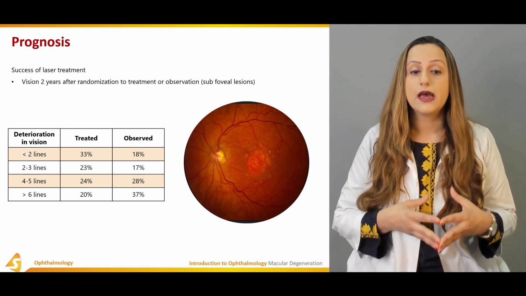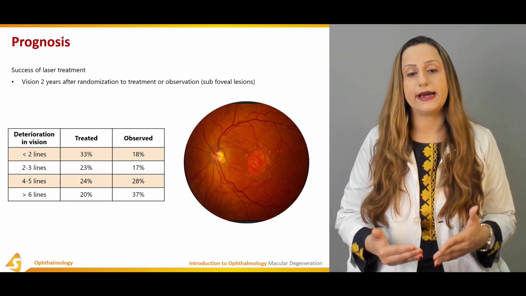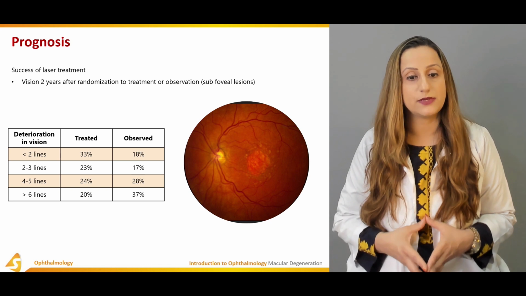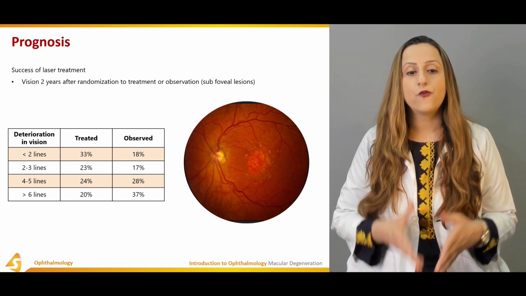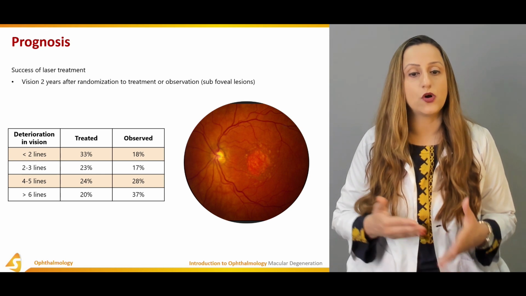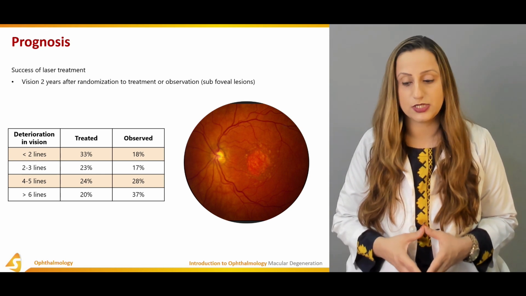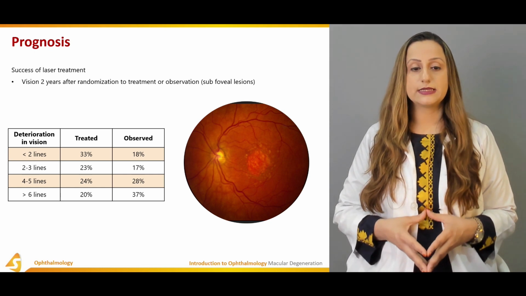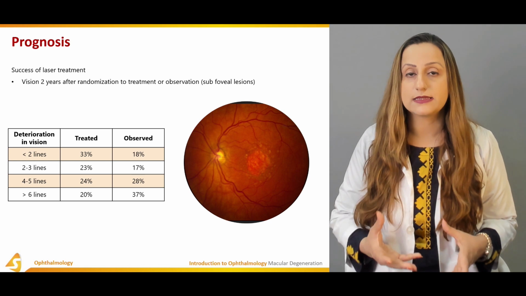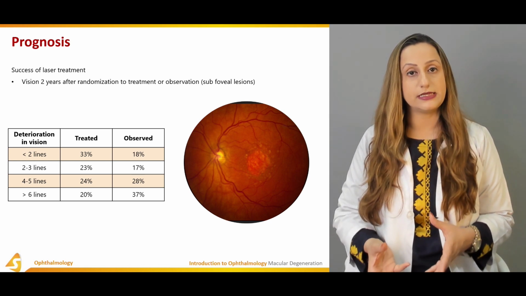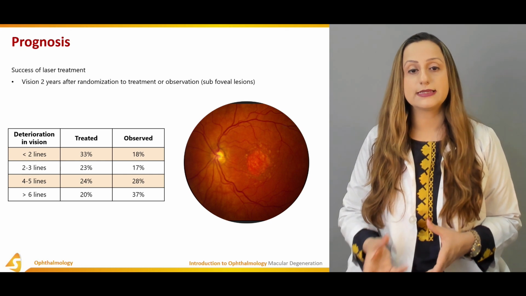If the person is reading almost 2 to 3 lines, he's treated 23%, and observation is almost 17%. With 4 to 5 lines, the treatment is almost 24%, and observation is 28%. If the patient is reading more than 6 lines, the treatment is at the level of 20%, and observation is almost 37%.